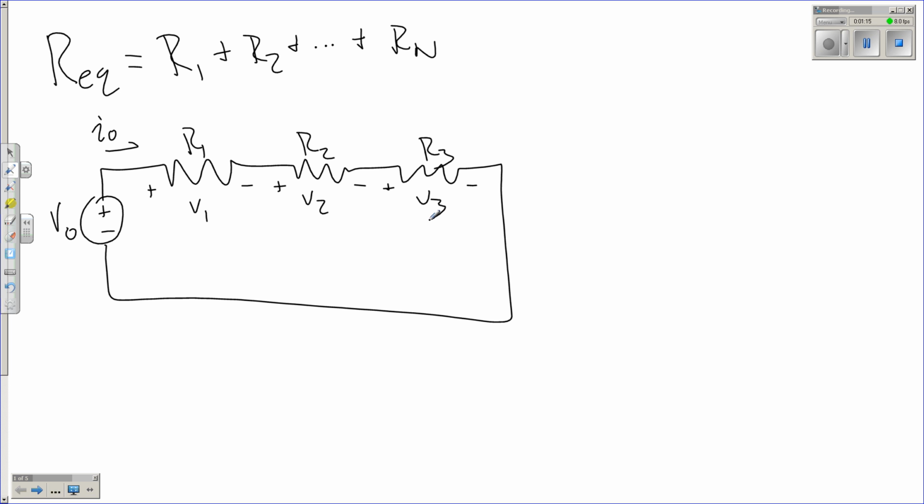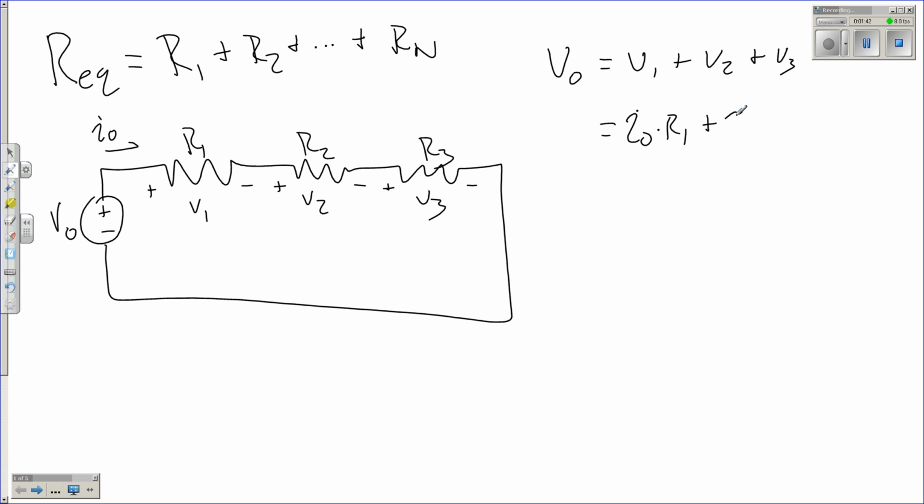Starting at the source, V0 is going to be equal to V1 plus V2 plus V3. Using Ohm's law now to translate this, we can put it into terms of current and resistance. So V1 is just going to be I0 times R1.